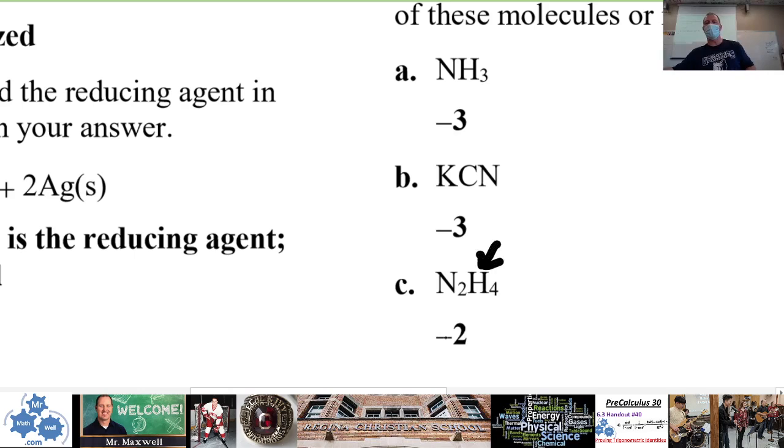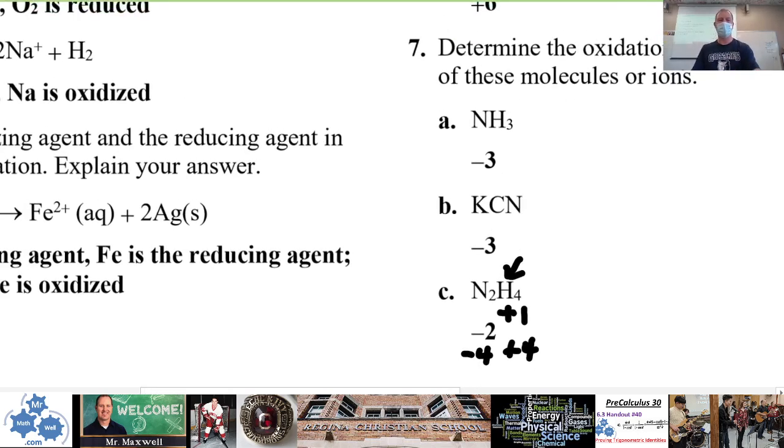So if you had a +2 here, I wouldn't fault you too badly, but it is actually -2 because we start with the hydrogen being +1 here, so that makes it an overall +4 charge, and then the 2 nitrogens have to be -4, so each nitrogen is -2, and that's the way they get that. So that's hydrazine. Hydrogen is still +1 in this compound. It is a bit strange that it's written this way, but that's the way that it's written for hydrazine. But yeah, that's a tricky one.